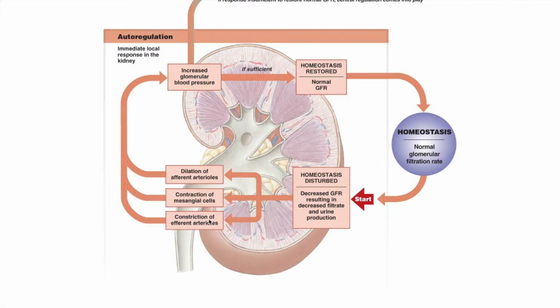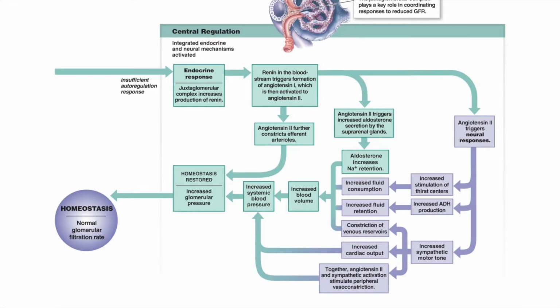All those are going to increase the pressure in the glomerulus and make more filtering happen. So that's autoregulation. If that's not enough, then we have some other regulation mechanisms.